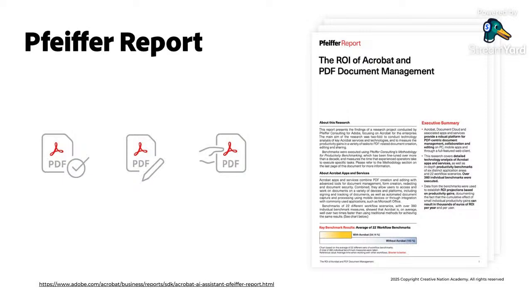This is a report that gives us insight on how AI really impacts us in terms of how we can use our hours more efficiently. For example, if you're finding specific documents or specific information, it greatly cuts the hours that you need to manually search any specific document or information within a document.